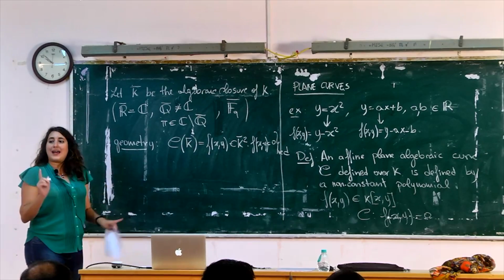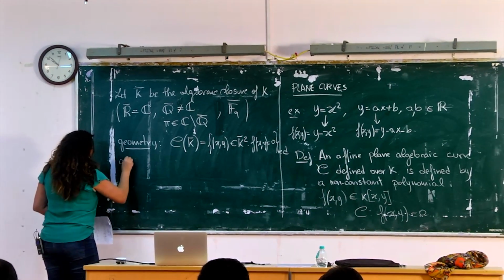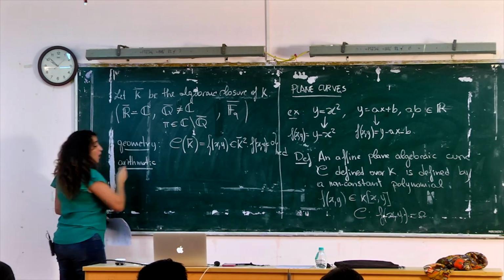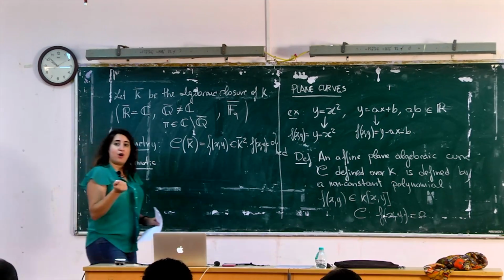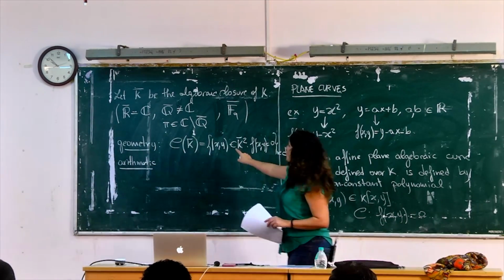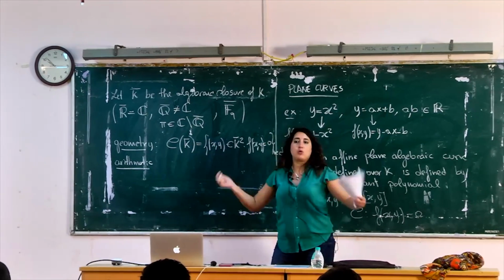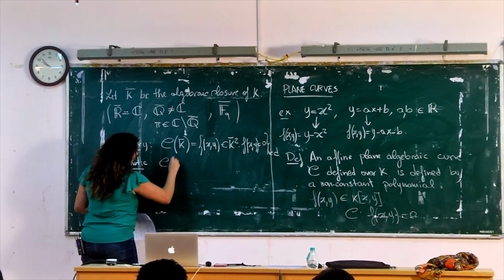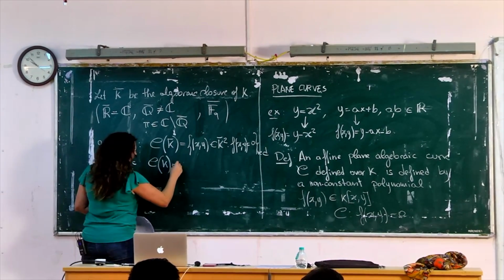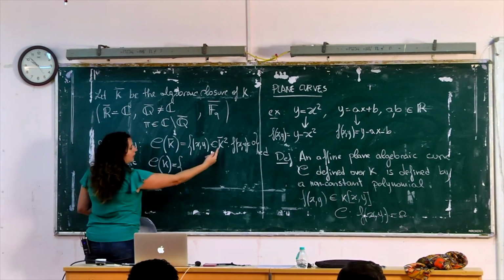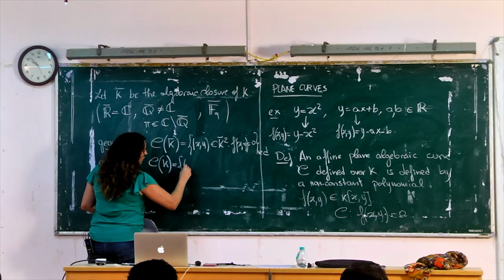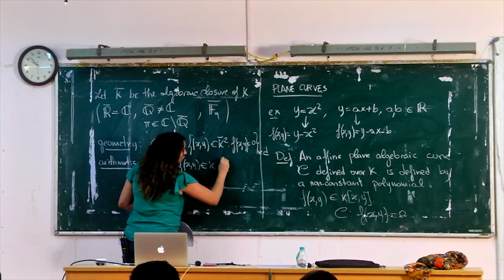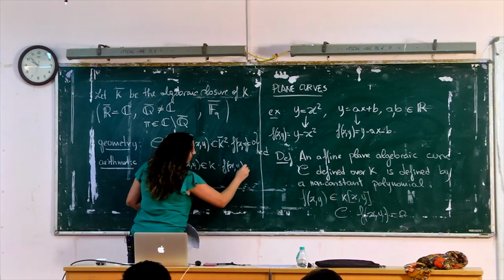But when we do arithmetic, we are allowed to consider points which have coordinates just in our field K or some other field that contains K. Okay? So this is denoted by C of K, and it can be defined the same way. We just replace K bar by K, and this is the set of x, y belonging to K such that f of x, y equal to 0.